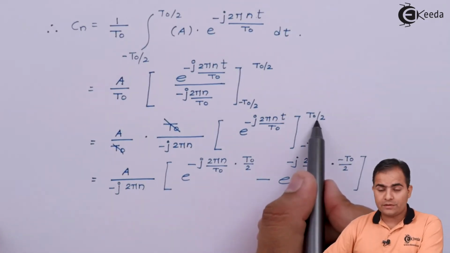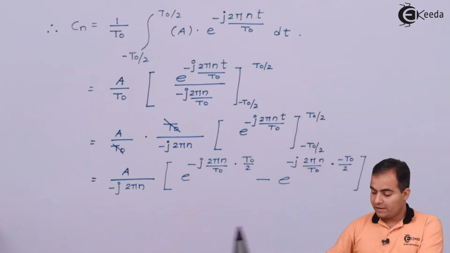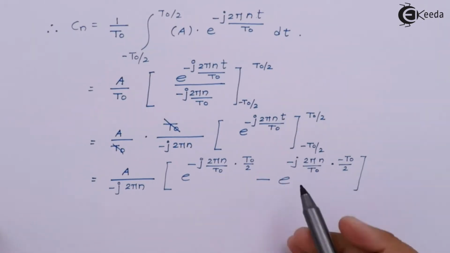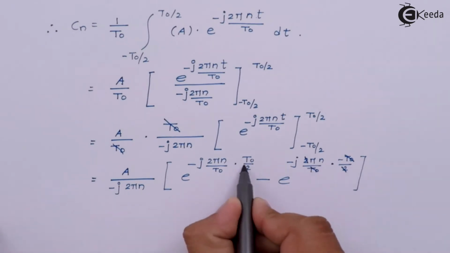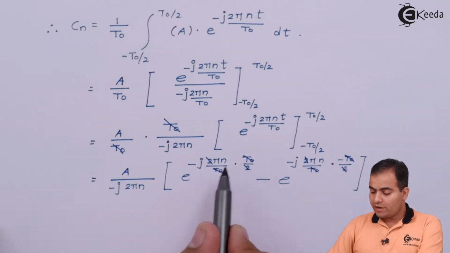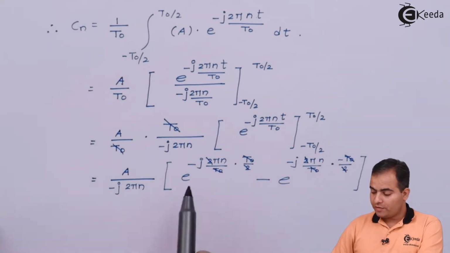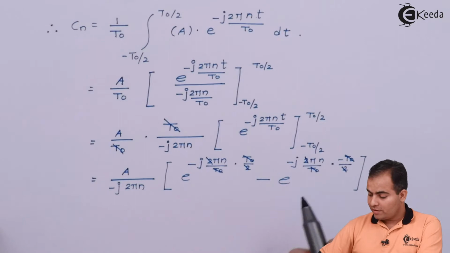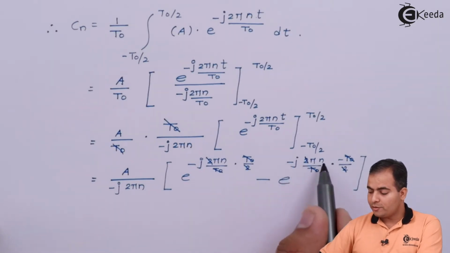First of all, I have substituted the upper limit, which is t naught by 2, and then I have replaced this t by minus t naught by 2. So in the power, t naught and 2 will get cancelled. What is remaining? e to the power minus j pi n, and here minus j pi n.